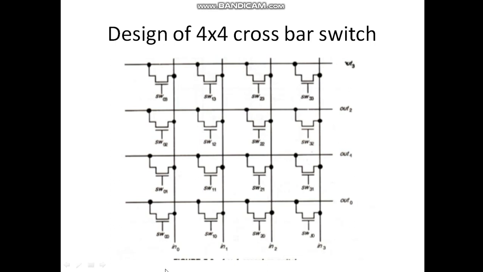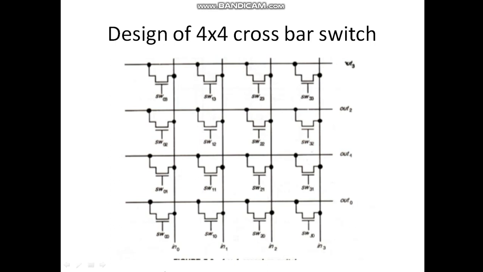The inputs are labeled as IN0, IN1, IN2 and IN3, and outputs are labeled as OUT0, OUT1, OUT2 and OUT3. Here totally 16 NMOS switches are used, and the switches are labeled as SW00, SW10, SW20, SW30, and so on.